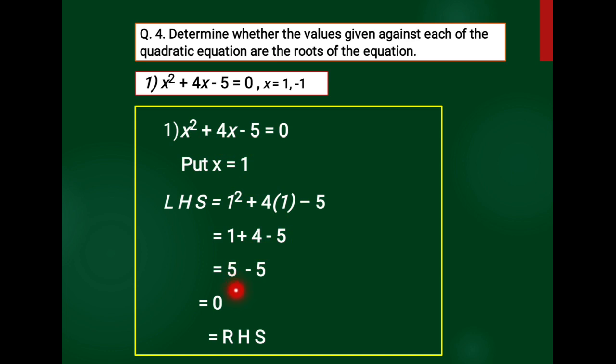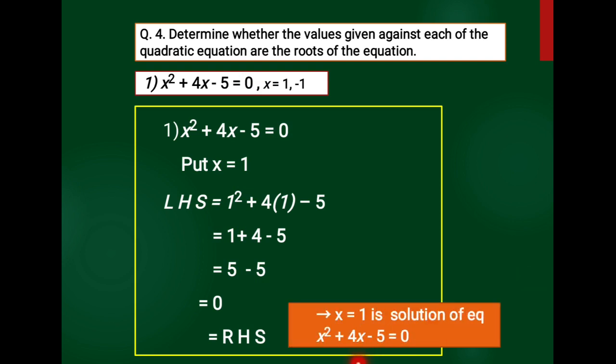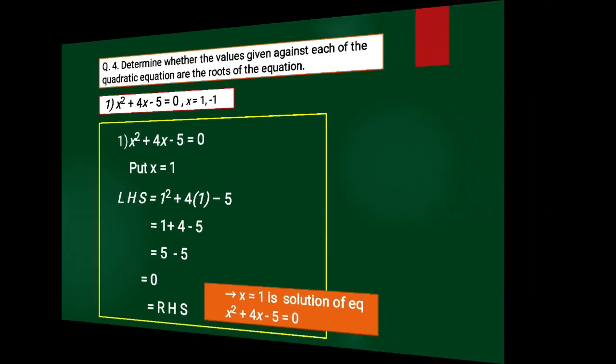So we get 5 minus 5, which equals 0, and that is RHS. So LHS equals RHS. From this we conclude that x equals 1 is the solution of the equation x square plus 4x minus 5 equals 0. Now we have to check the second value, that is x equals minus 1.